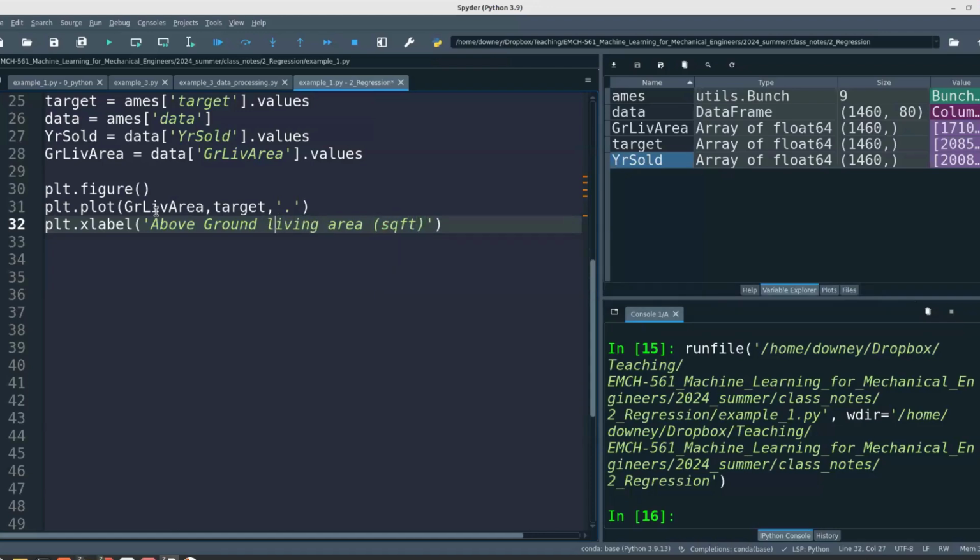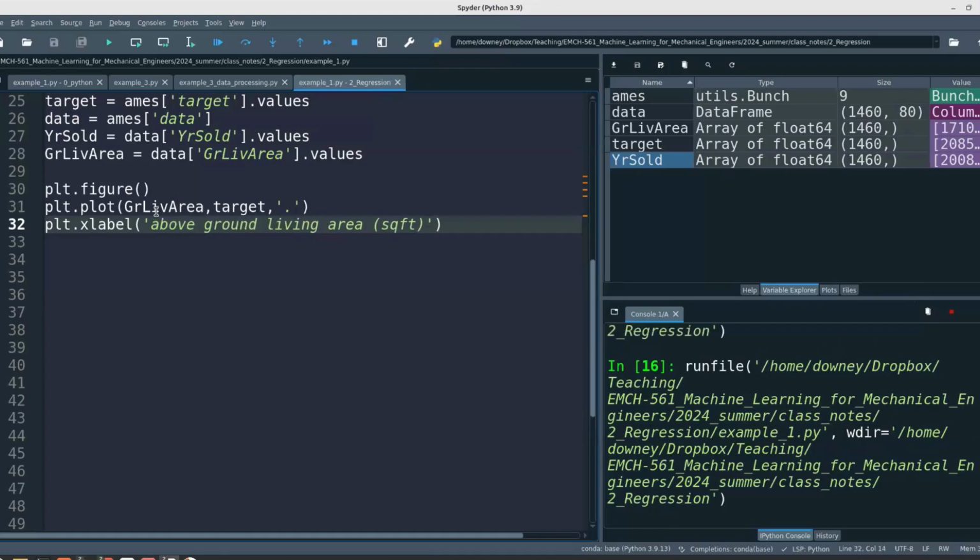And that's something that you can get from the description if you look through the data set more on your own.